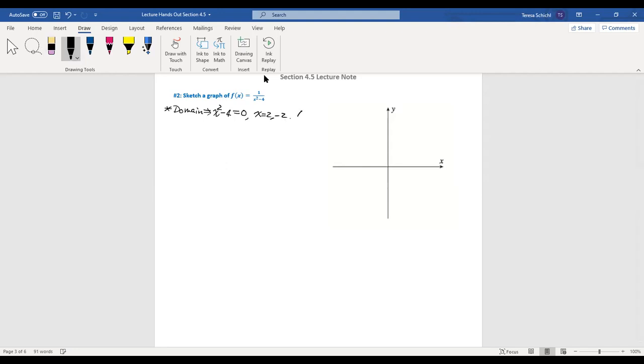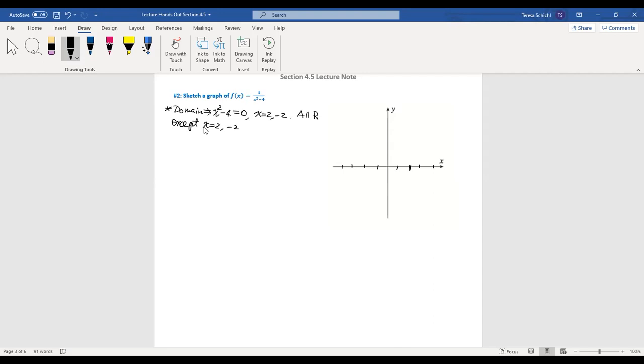So the domain is all the real numbers except x equal to 2 and x equal to negative 2. So on the graph, at 2 and negative 2, you cannot have values there. That is the first thing.